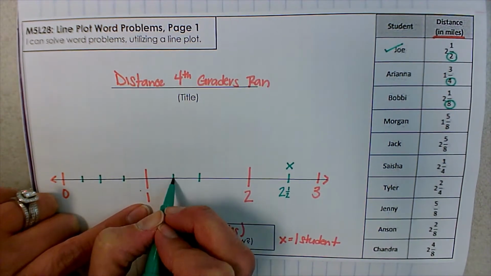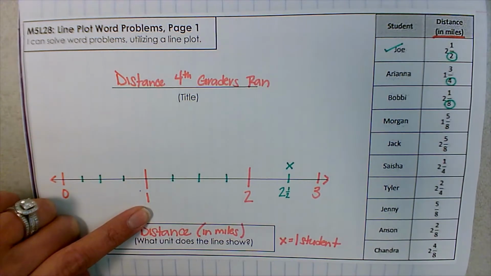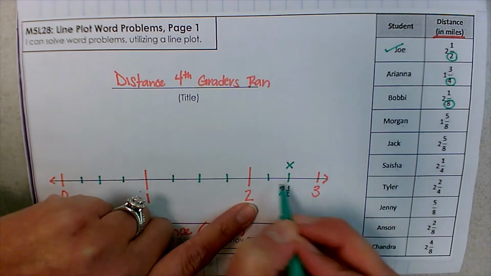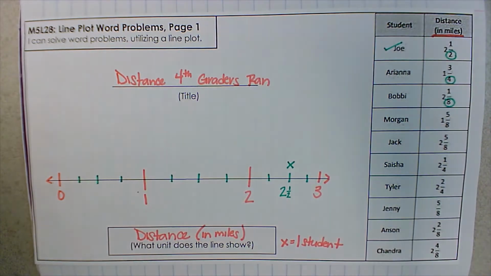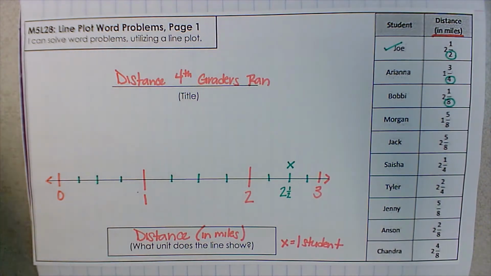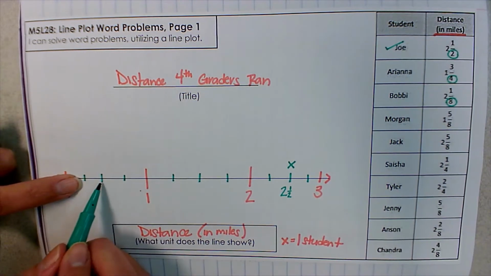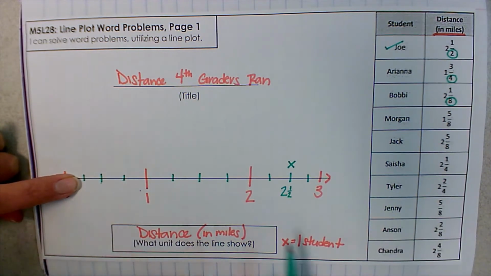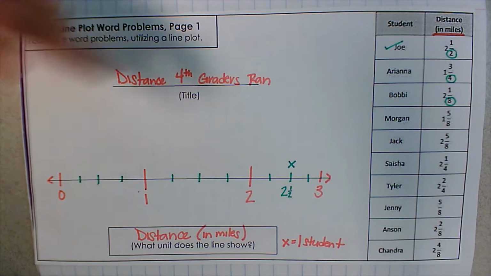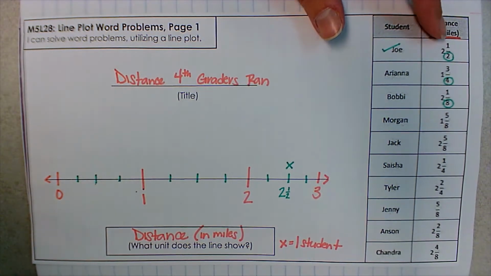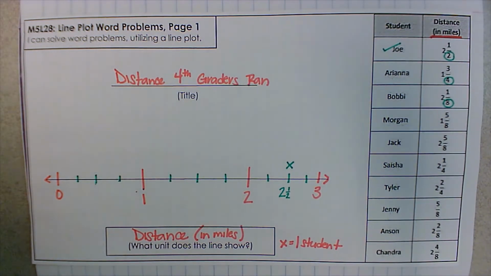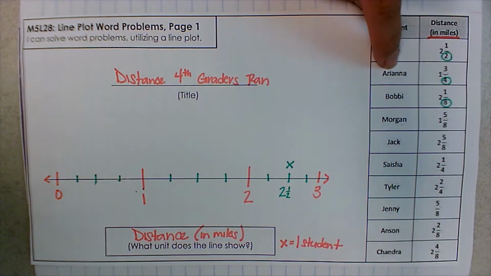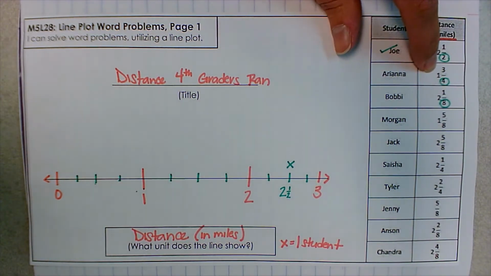And I'm going to go through, and from where my half mark is, I'm going to put another in-betweener and mark my fourths. Now they're not labeled yet, but I know that I could go 1/4, 2/4, 3/4, 4/4, and I could count all the way through. So I'm going to come back over here and I'm going to identify all of my students that have fourths as a denominator. So here's Ariana, she's my first one.